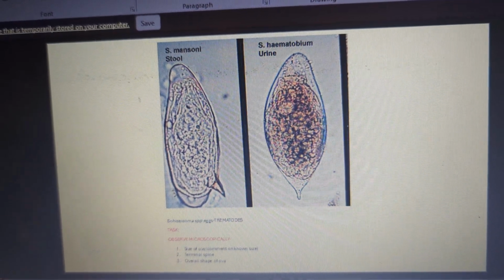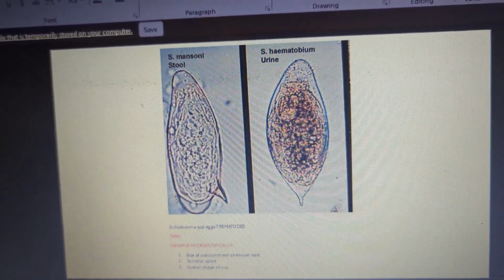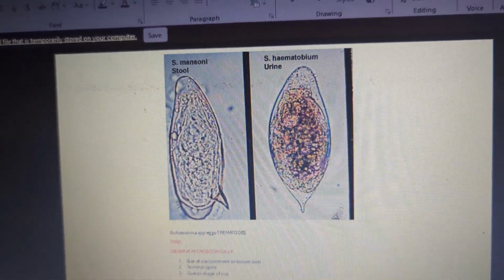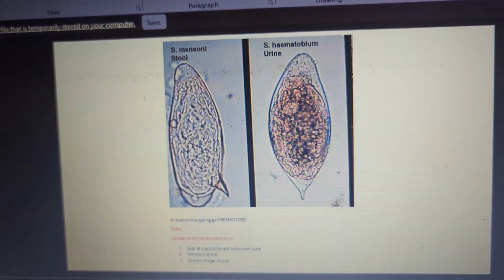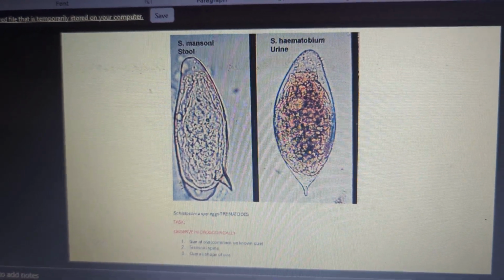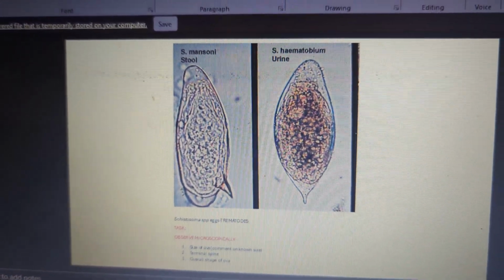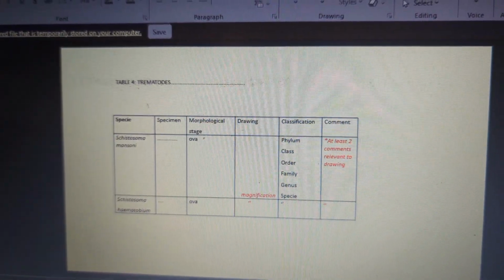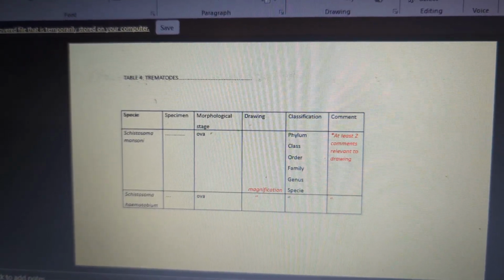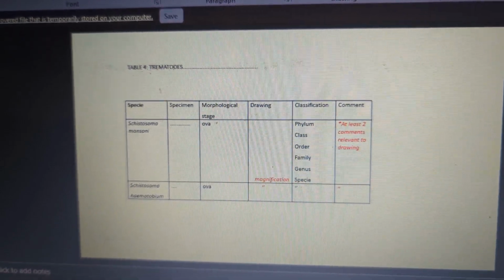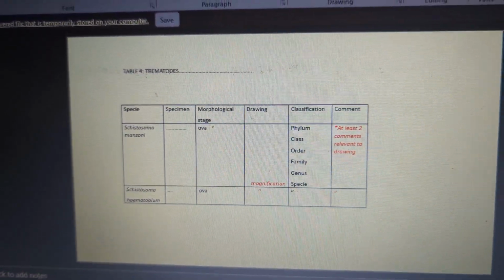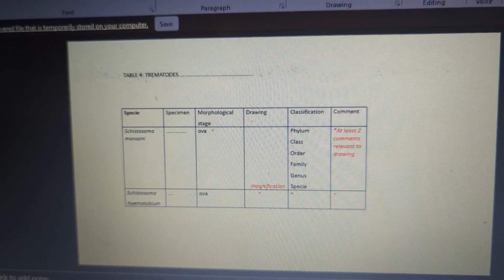Even for the other ova, you're expected to comment on the known size of the egg. That's also important. This is from literature, not really measuring it. Okay, so that's the table you will fill in for the trematodes, your Schistosoma mansoni and your Schistosoma haematobium.